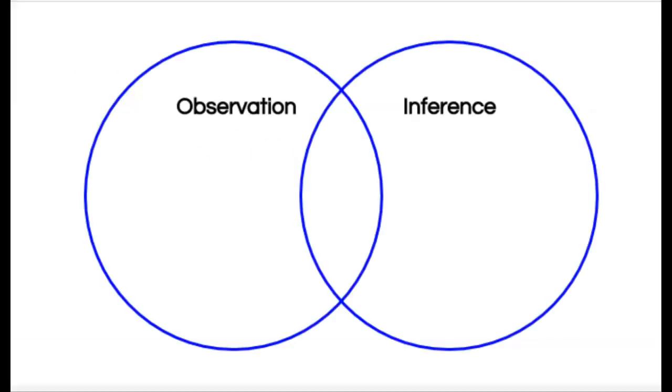Now, one last thing before we forget. Remember, we watched that video of the insect, and in that video, the narrator described the difference between observation and inference. So I just want you to quickly add to your little Venn diagram here that an observation is made using your senses, right? We're going to use our senses.